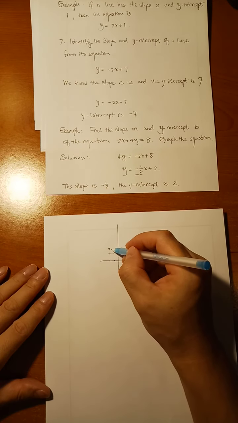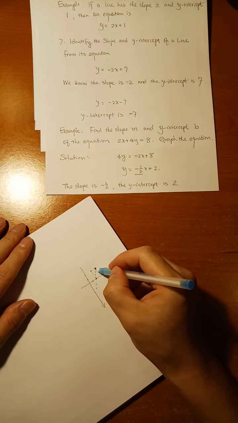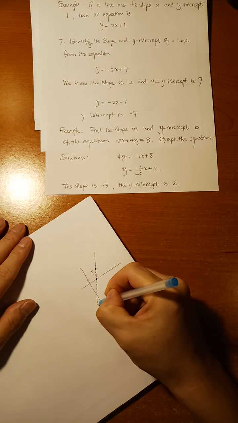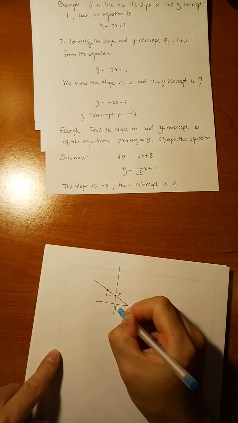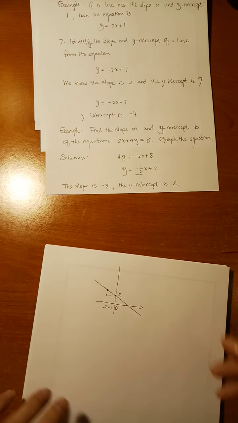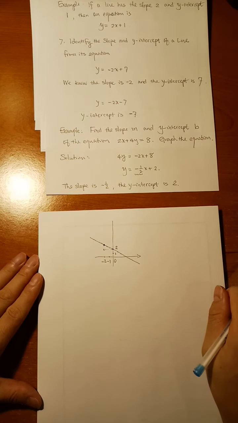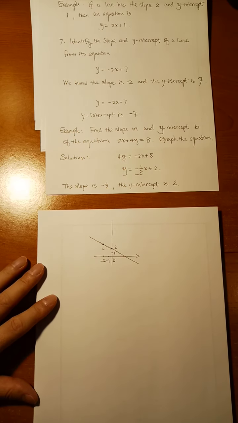Then you have the second point, you connect them and extend. So this is 2, 1, 0, negative 1, negative 2. That's the graph of the line. This is a very comprehensive problem.